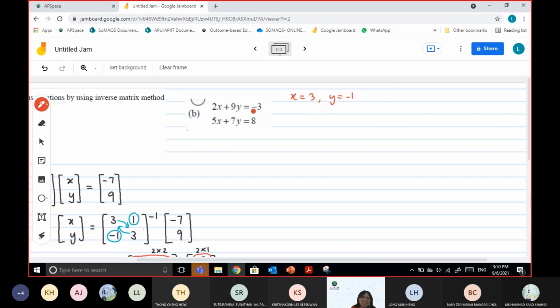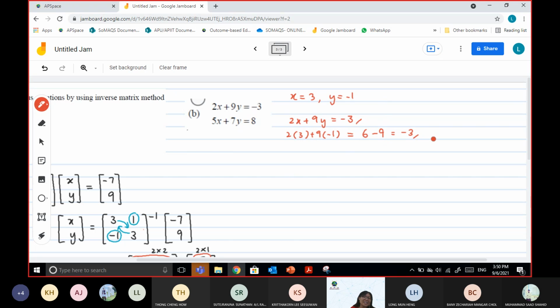That means you just need to substitute into the equation 2x plus 9y equals negative 3. So when you substitute 2 times 3, then 9 times negative 1, 6 minus 9, you manage to get negative 3. The value tallies, so when the value tallies it means your answer is correct.